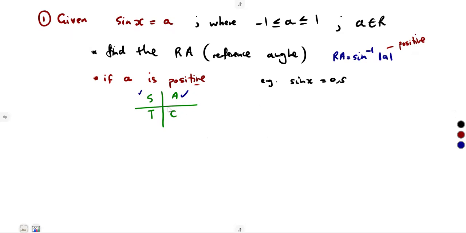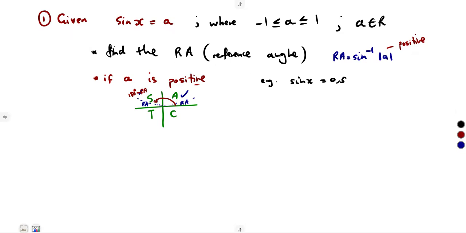In the first quadrant, this is represented by the reference angle. The angle that lies in the second quadrant will be given as 180 degrees minus the reference angle, the acute angle.